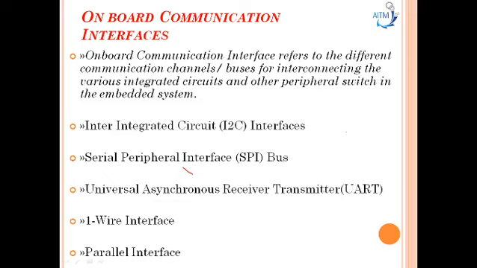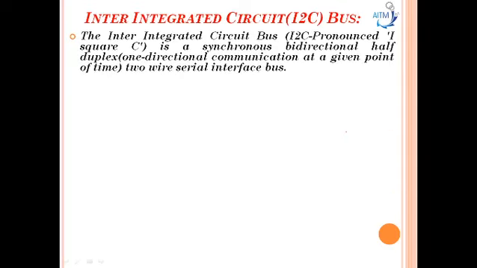Coming to the first one, that is the I2C interface bus. The I2C, that is the inter-integrated circuit bus, pronounced as I-squared-C, is a synchronous, bidirectional, half duplex, two-wire serial interface bus. Half duplex means one directional communication at a given point of time.